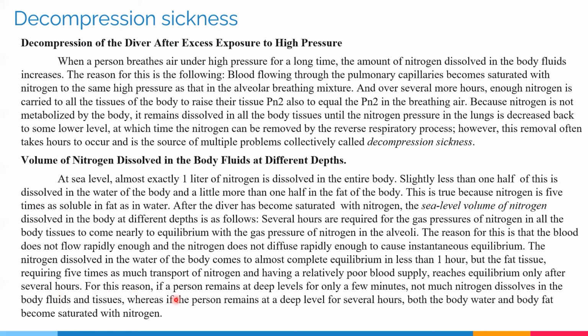For this reason, if a person remains at deep levels for only a few minutes, not much nitrogen is dissolved in the body fluids and tissues. Whereas if the person remains at deep level for several hours, both the body water and body fat become saturated with nitrogen.